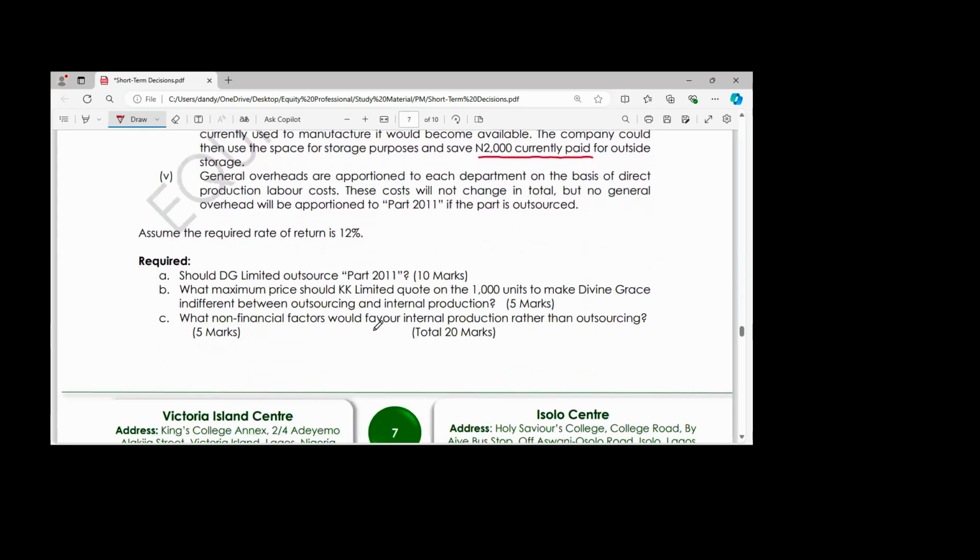A. Should DG Limited outsource Part 2011? B. What maximum price should KK Limited quote on the 1,000 units to make Divine Grace indifferent between outsourcing and internal production? And C. What non-financial factor would favor internal production rather than outsourcing?